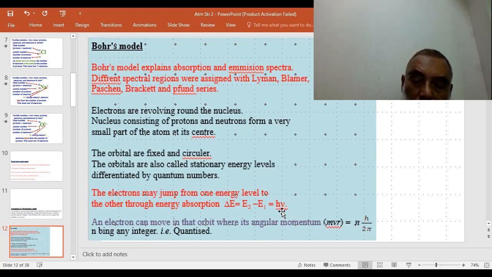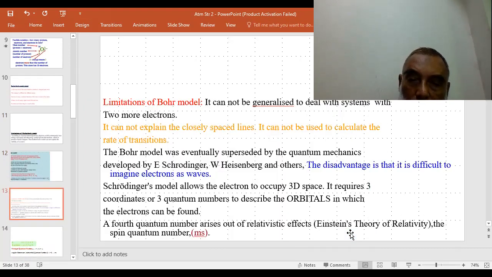And if it releases this energy, then it comes down from E2 to E1. An electron can move in an orbit when its angular momentum is equal to n h by 2 pi. And when this relationship is not maintained, it comes down to another orbit where this relation again exists. So energy is quantized.